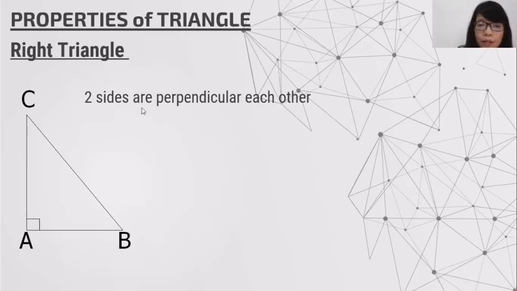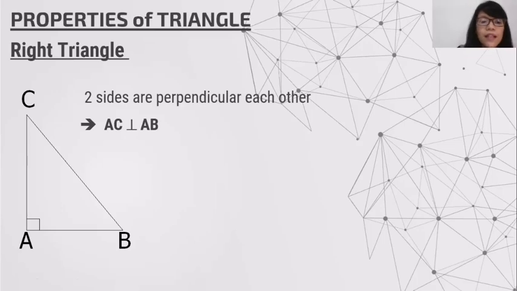Perpendicular in bahasa means saling tegak lurus. So if you check which sides are perpendicular to each other, it is AC perpendicular with AB. Okay, tegak lurus.